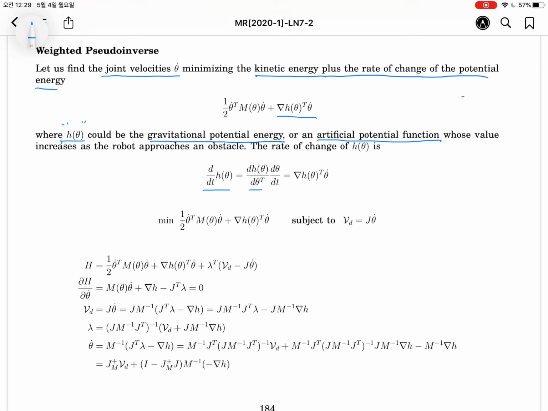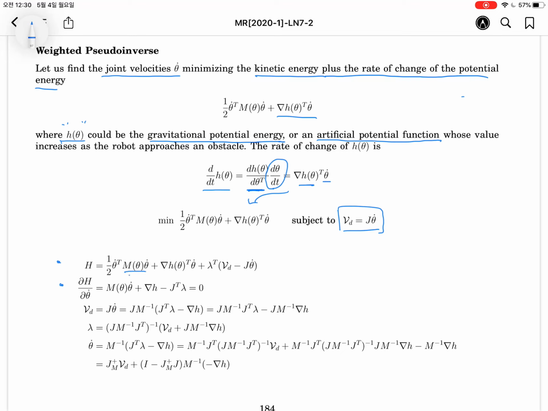Okay, let's take the time derivative. As mentioned before, this term is the gradient of H, and this term is theta dot. So it can be used as a scalar value. So we will apply it to here. We will solve the IK, satisfying the Jacobian relation here.